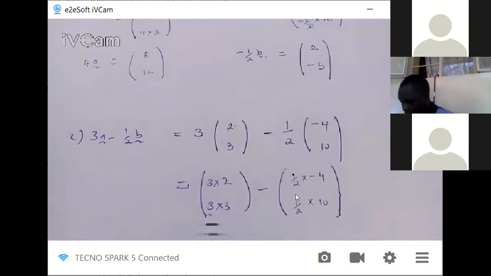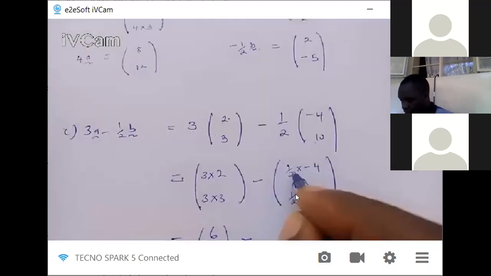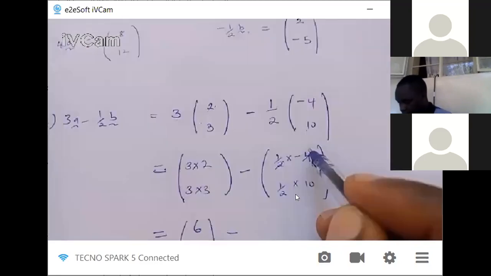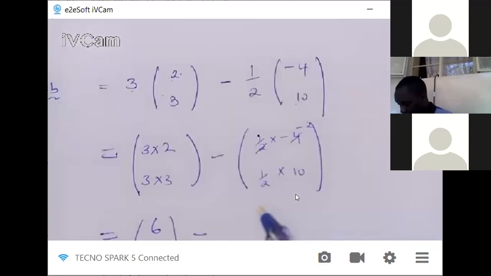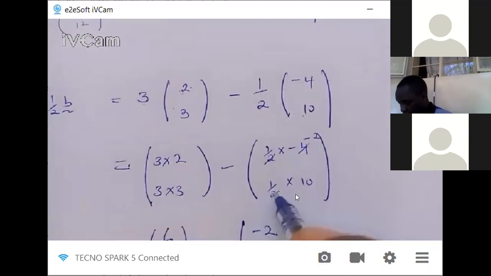So there we shall get 6, 9 minus, when you cancel this and this, you get -2, isn't it? So -2 inside, and here we have 5.